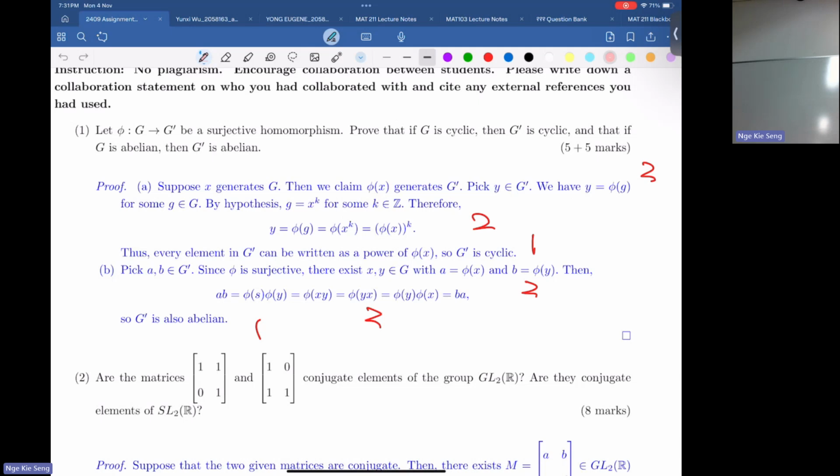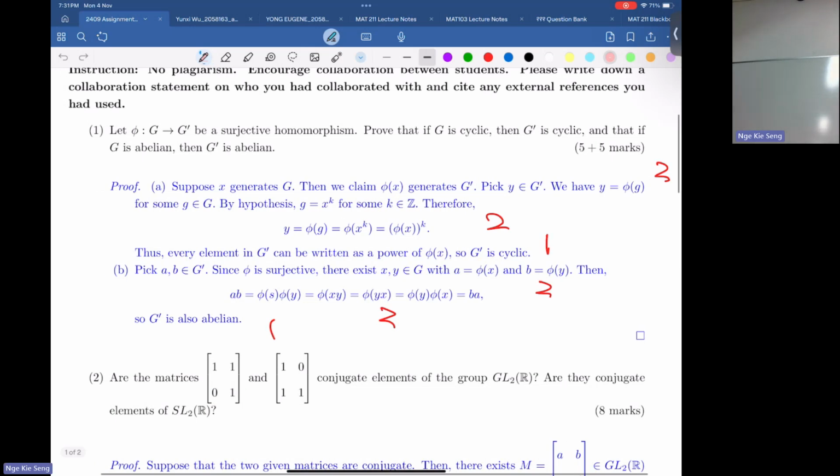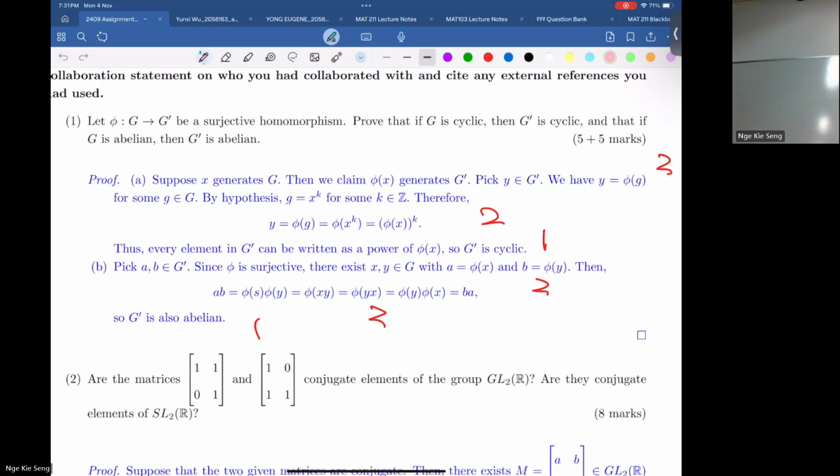Otherwise you'll start receiving my email. All right. You can try and follow the discussion and then look at your own solution. After I return your marking, if there's any problem or dispute, you can come and look for me.